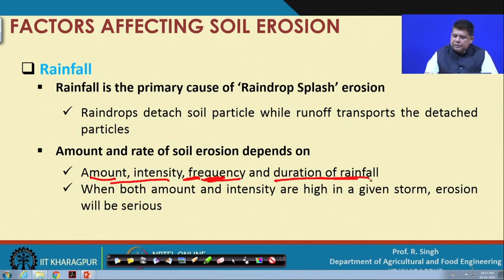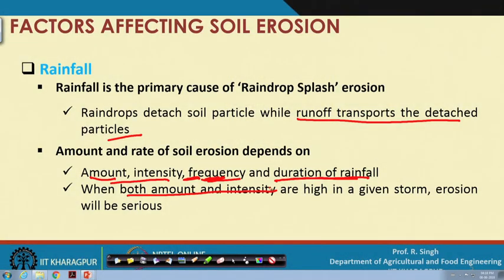The same is true with the duration of rainfall. If rainfall continues for a longer period of time, then obviously the infiltration capacity of the soil will be satisfied very quickly, and for the remainder of the duration, whatever rainfall occurs will get converted into runoff, and that simply means that runoff will transport the detached soil particles.